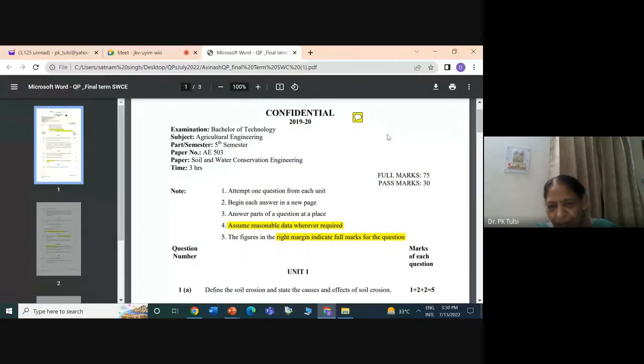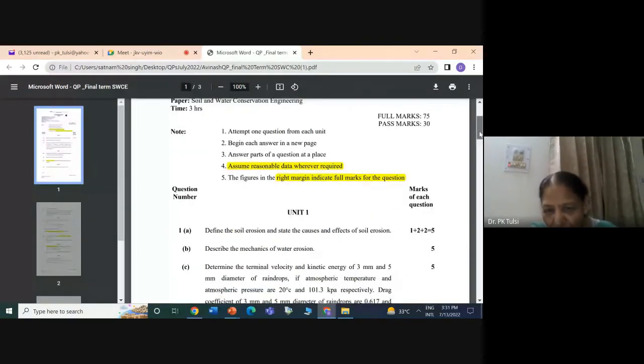Now see again, which thing I was saying: assume reasonable data wherever required. A paper setter is a subject teacher who has the mastery over the subject. So I do not think we should leave any scope for them to have to assume. So please make sure your numericals include each and every data which is required.